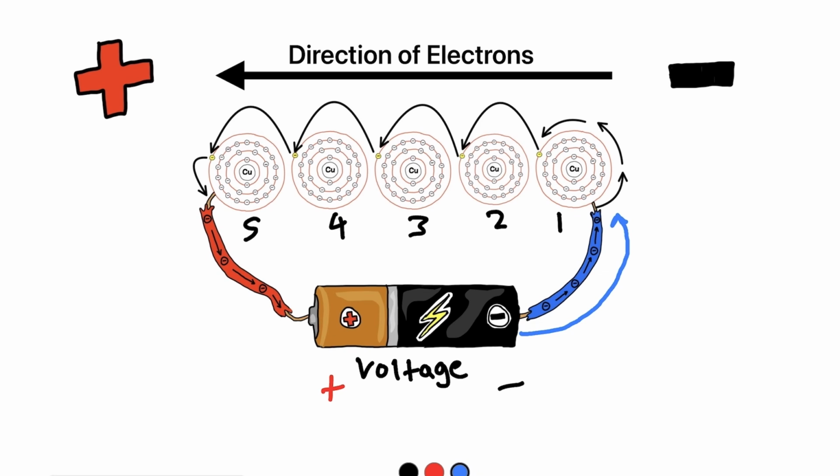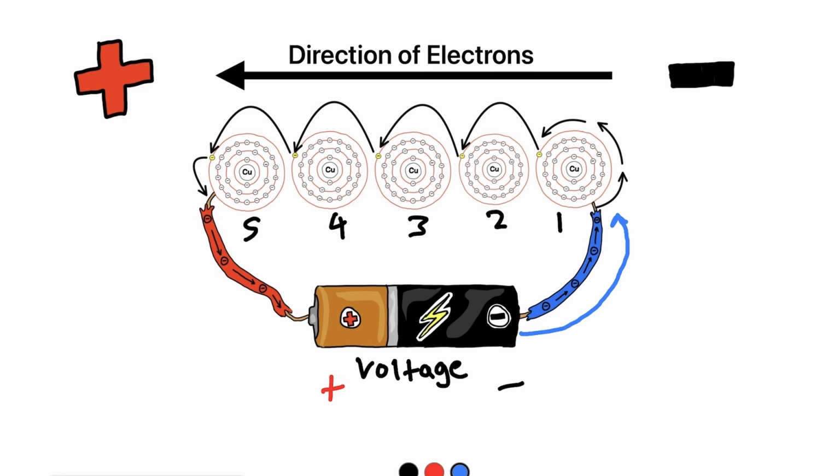So this portion that is represented by the 5 atoms of copper is also a copper wire. This is just zoomed in. Think of it as if we are using a microscope to look inside a copper wire to see what's actually happening as electricity is passing through that wire.